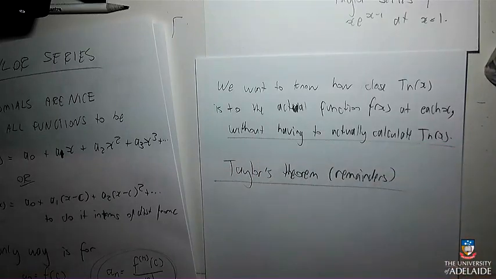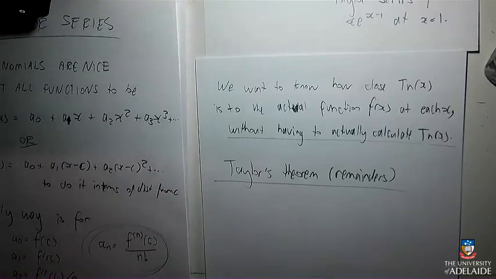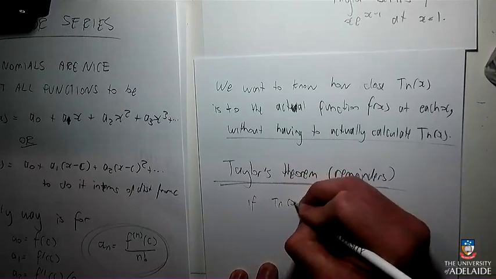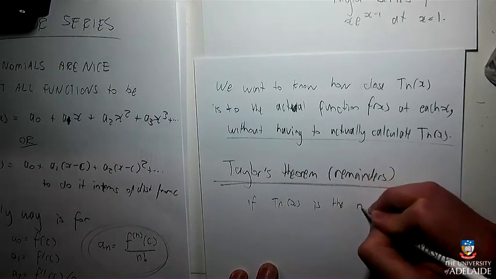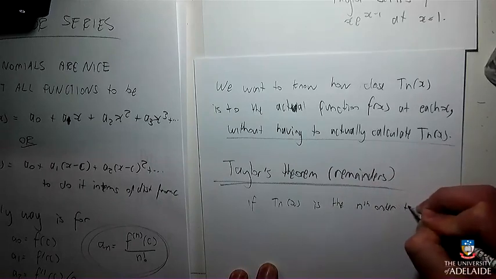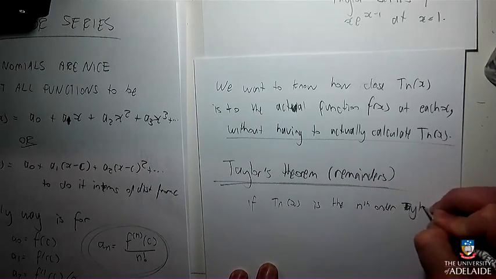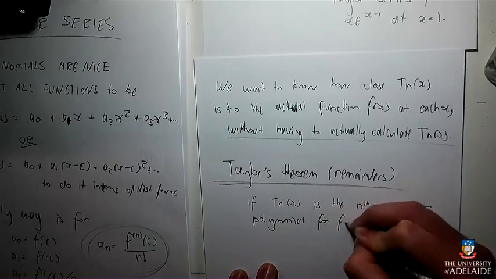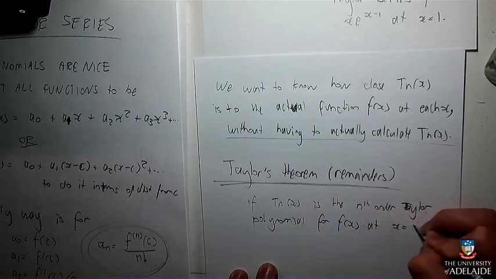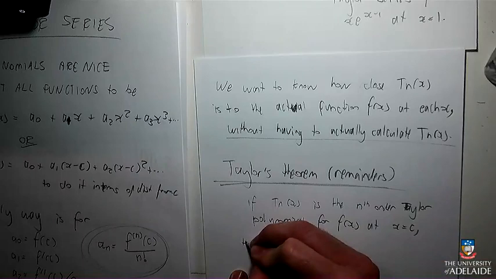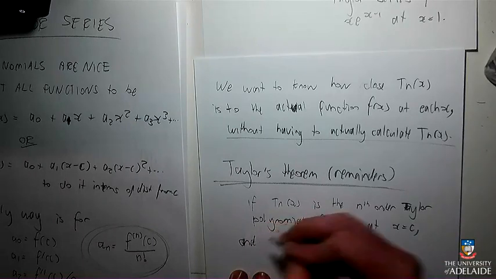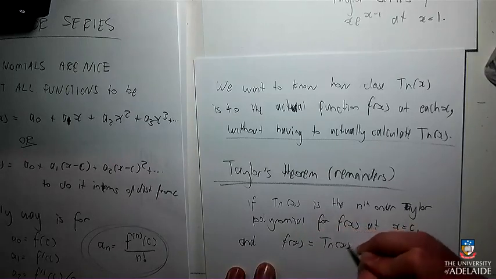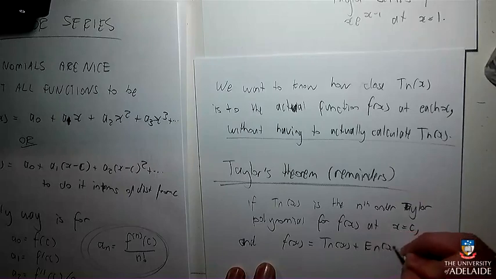So Taylor's theorem on remainders says that if Tn, the nth order Taylor polynomial for f(x) at x equals c, and f(x) equals Tn(x) plus the error, like that.